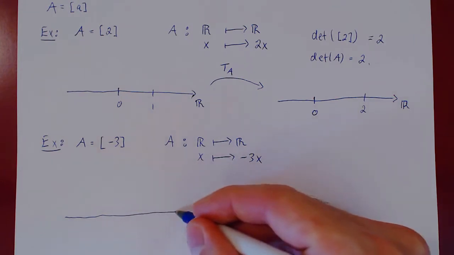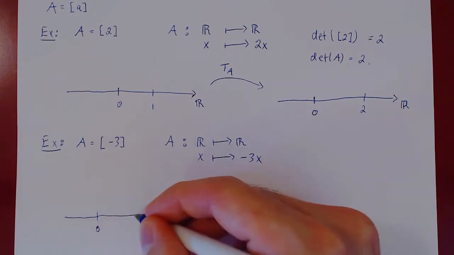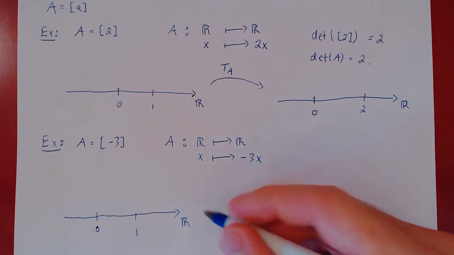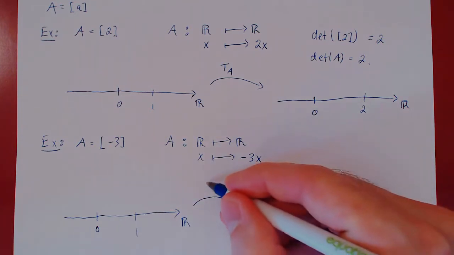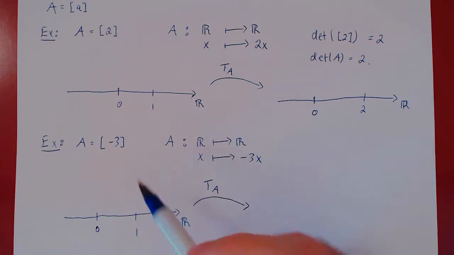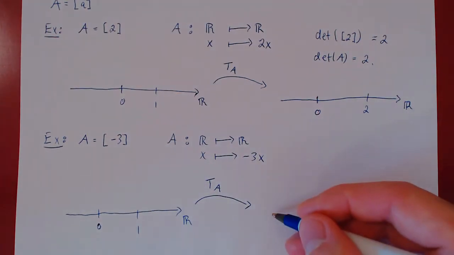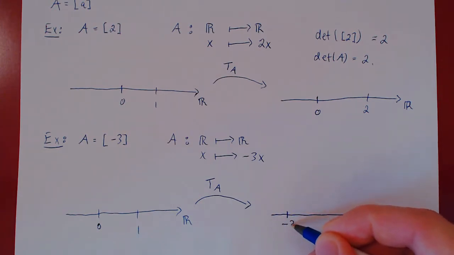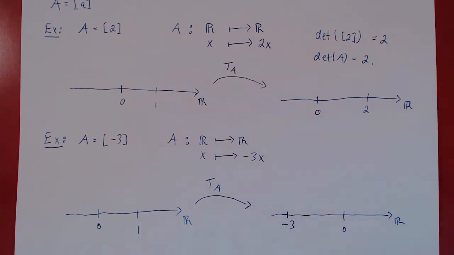So take the real line, consider the interval from 0 to 1, and multiply everything by A. Again, A is a 1 by 1 matrix. You can think of it as a real number. So multiply the real line by negative 3. Well, what happens to the interval 0, 1? It will become the interval negative 3, 0.